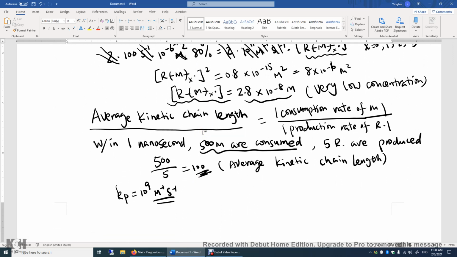This is the unit for the rate constant of a second order reaction. Again, you need to be able to do unit analysis for second order reactions, elementary reactions. All right, so now I'm giving you this number, and then you can see the consumption rate of M.